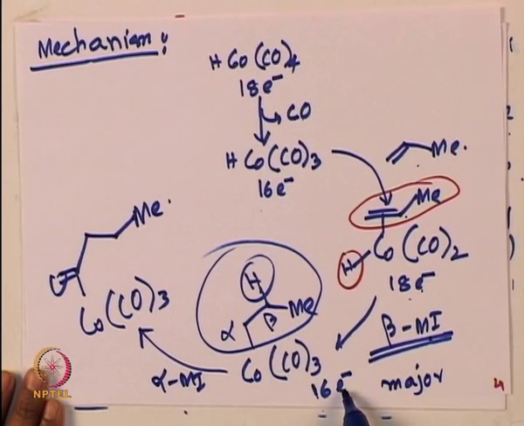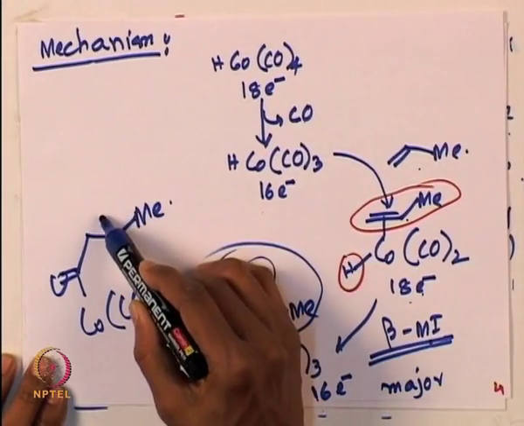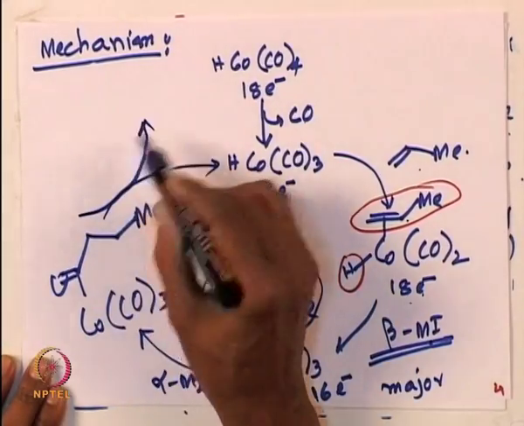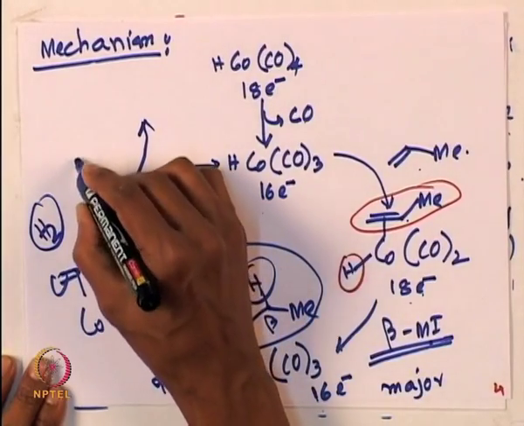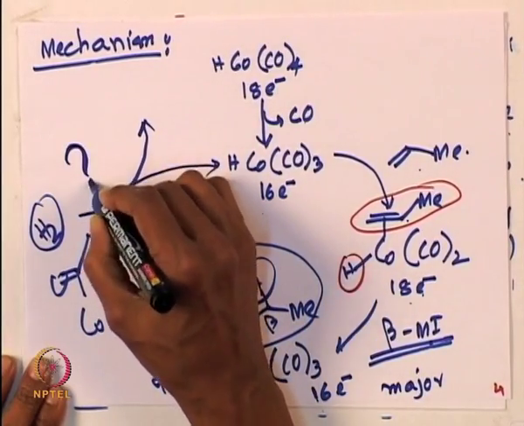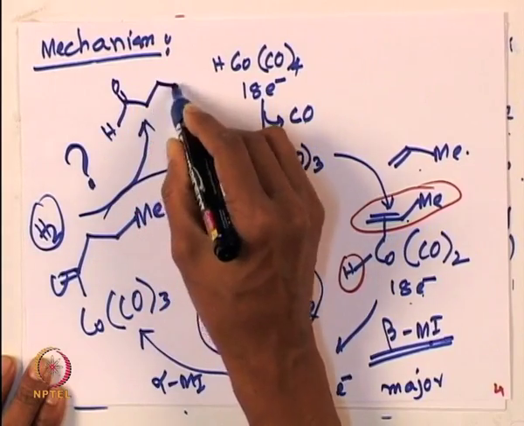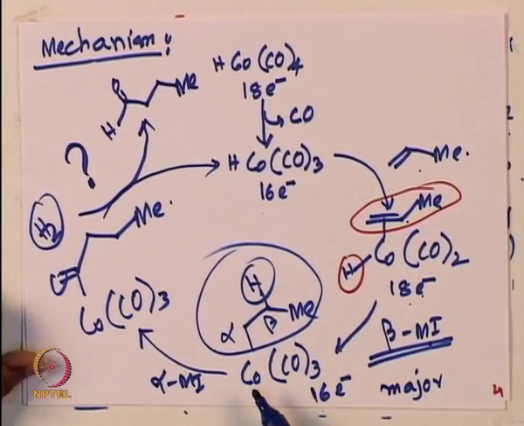Of course, it is a 16 electron species, and then from there on, what you will see is the interaction of hydrogen. I'm not going to write down the steps here. We'll discuss this in detail a little bit, and overall you will get the hydroformylation, that is the linear product formation.